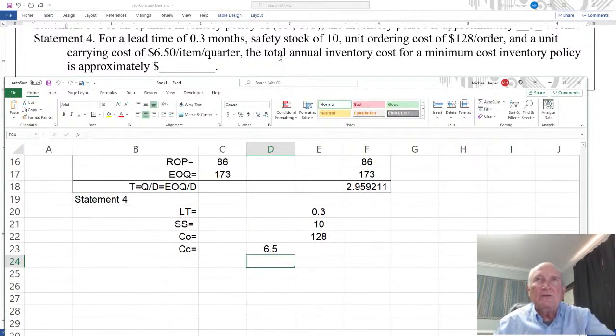Okay, now the total annual inventory cost for a minimum cost policy is approximately.